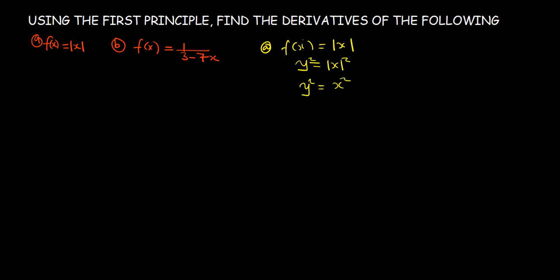Now that we just want y, we take the root. So y is equal to the root of x squared. Because y is f of x, like we saw there, f of x can also be that. So hope that is clear.